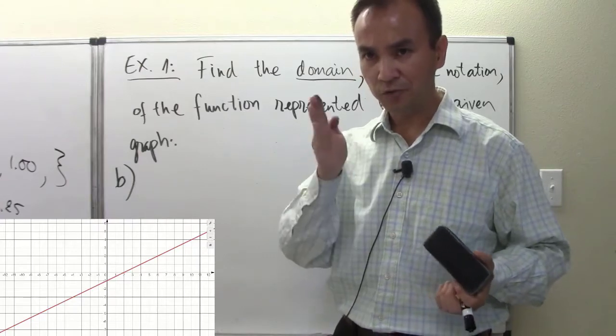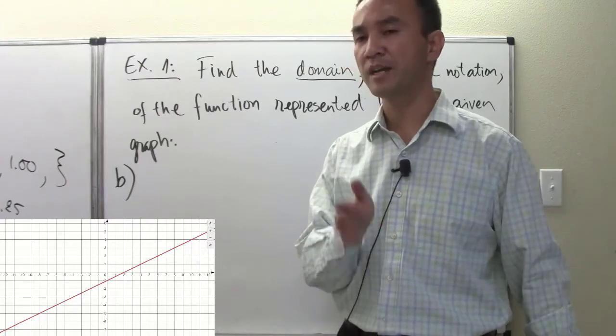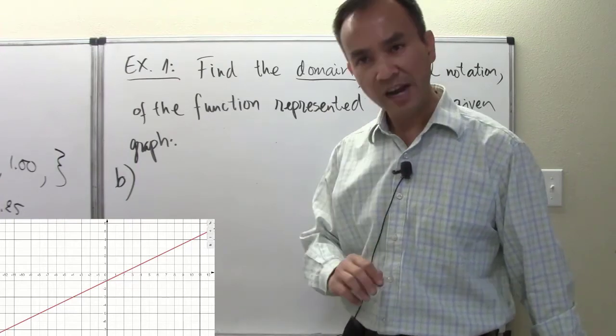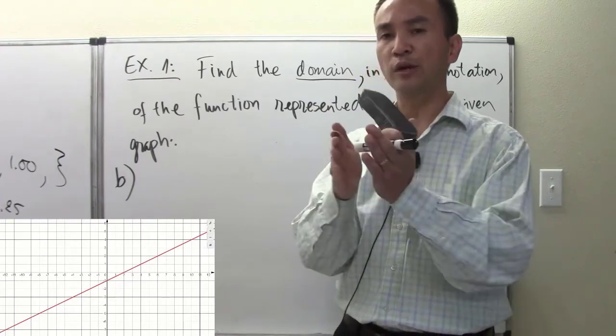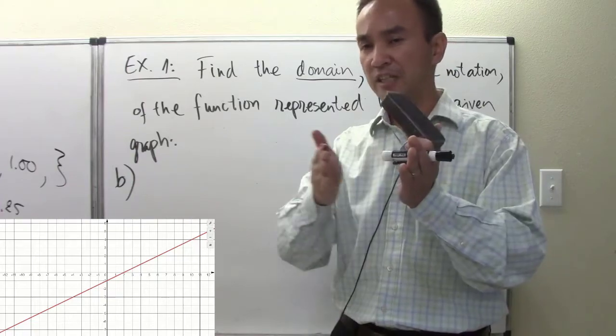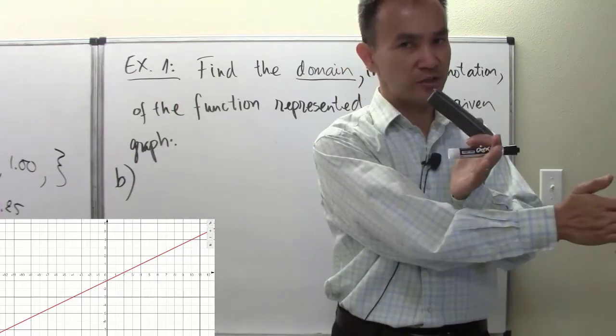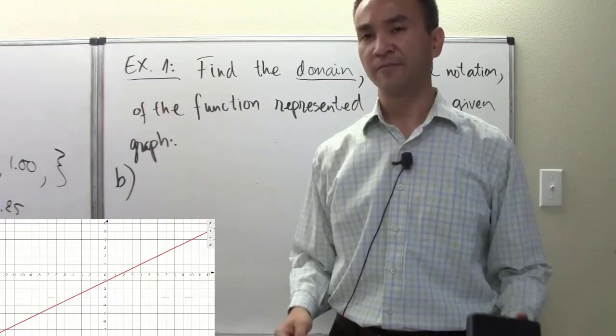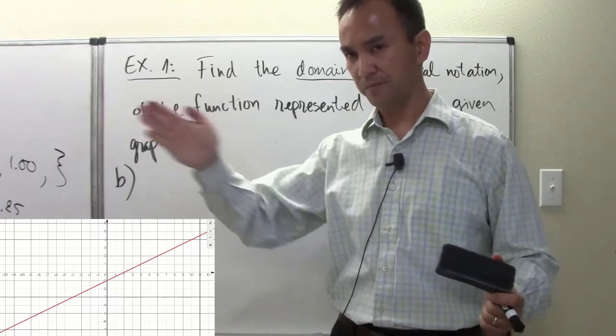But to identify the domain of whatever function is represented by this graph right here, we start by looking at the horizontal spread: how far it can spread to the right and how far it can spread to the left. The total horizontal spread of the graph, left and right.